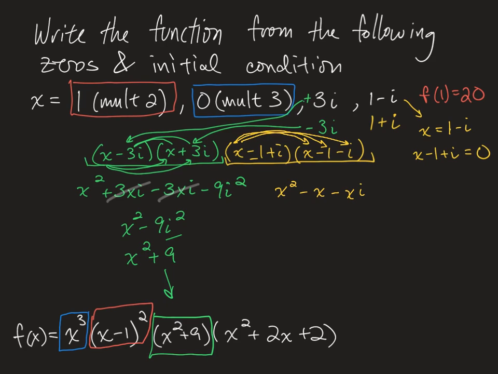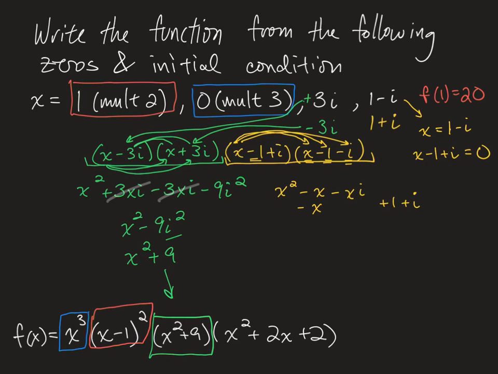And then you keep going. You work with the negative 1 next and multiply it to everything in the second polynomial. So there's a negative x. Negative 1 times negative 1 is a positive 1. Negative 1 times negative i is a positive i. And then I multiply the positive i here to everything in the second polynomial.